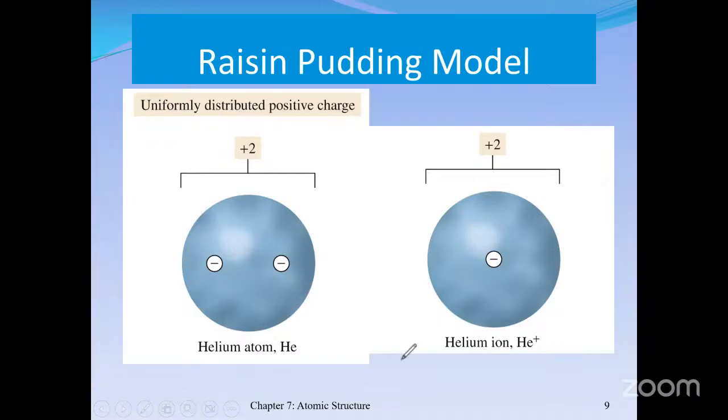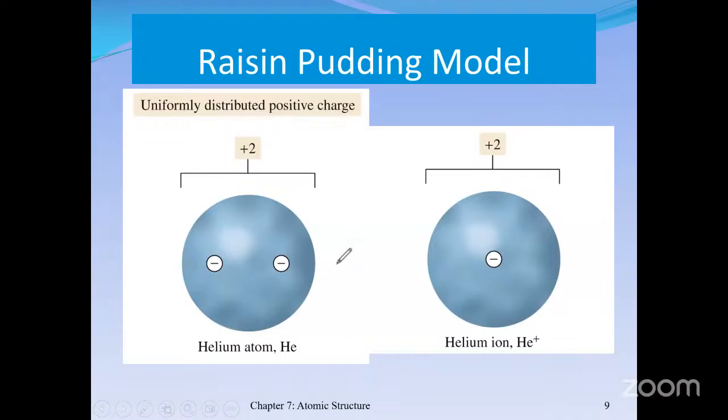And what he suggested also is that if you were somehow able to remove one electron from here, then the other electron will simply move to the middle, and you're going to end up with this arrangement. In some textbooks, they call it the raisin pudding model, basically a description of how the electrons are embedded in the large sphere. So that was the model that was put forward by J.J. Thomson.